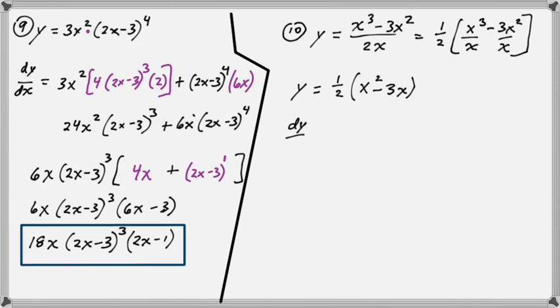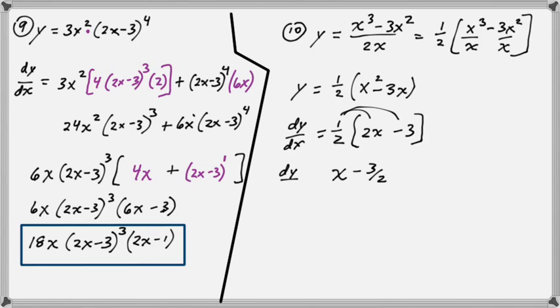So when I take the derivative of x squared is 2x, and the derivative of 3x is 3. So if I multiply this in, I get my answer for the derivative. Now, that's probably the easiest way. A lot of people did not simplify this first and made themselves a very challenging quotient rule. I don't know why. I'm trying to teach you the better approach.